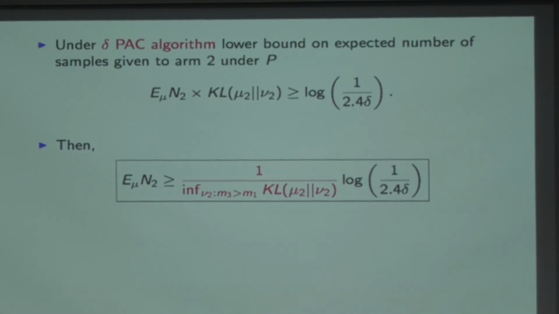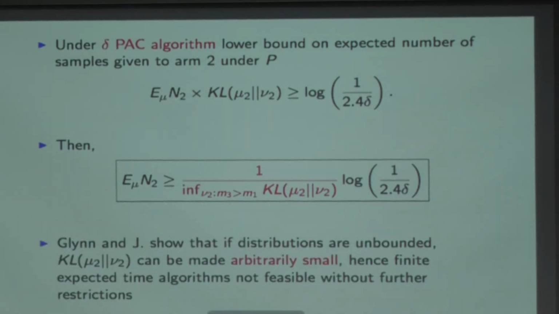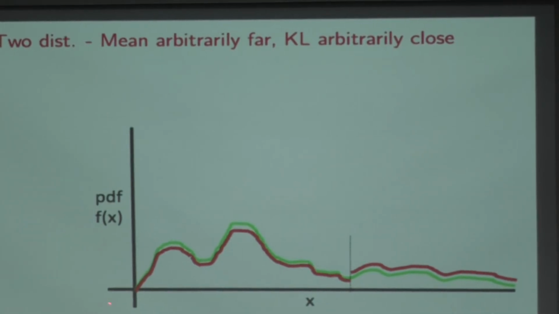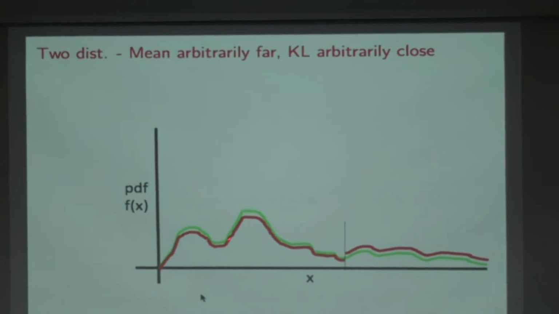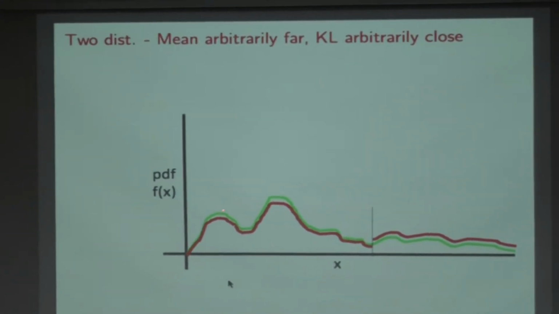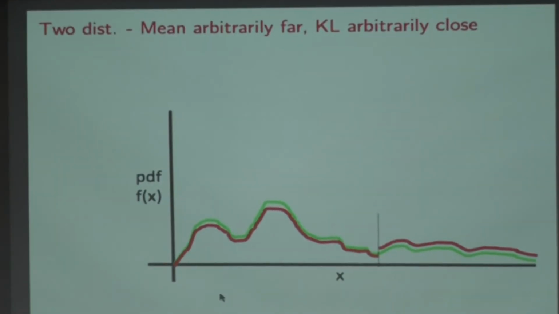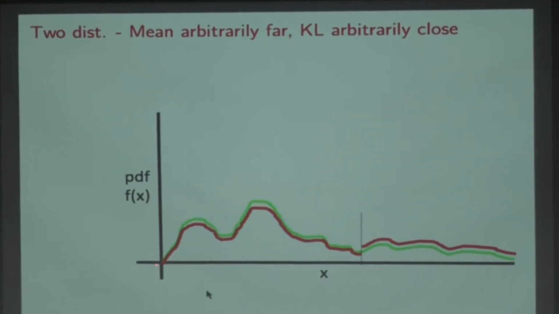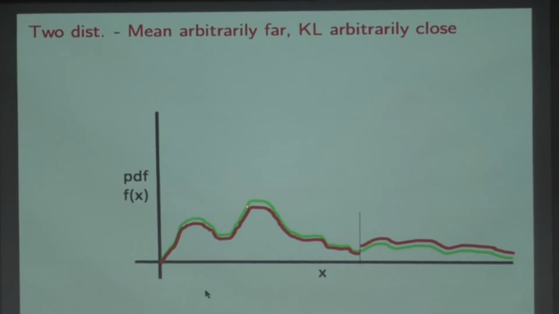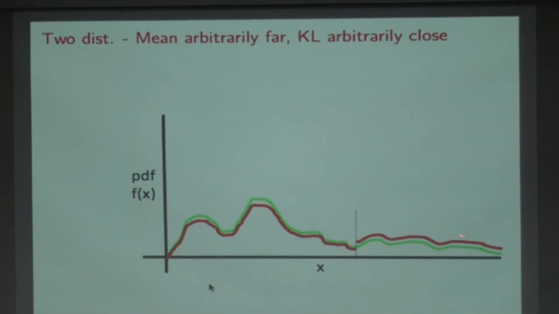Let me say pictorially what I'm saying. Let me come back to this comment a little bit later. Your underlying distribution mu2 could have been this green distribution here. But think of another distribution, the red distribution, which takes a little bit of mass from here and throws it in the tail.